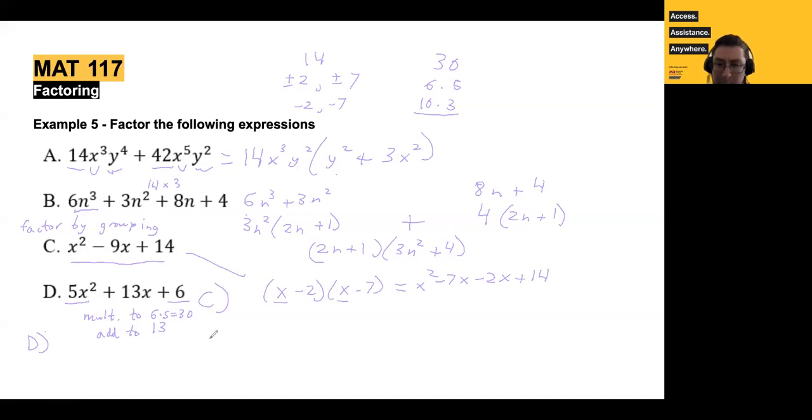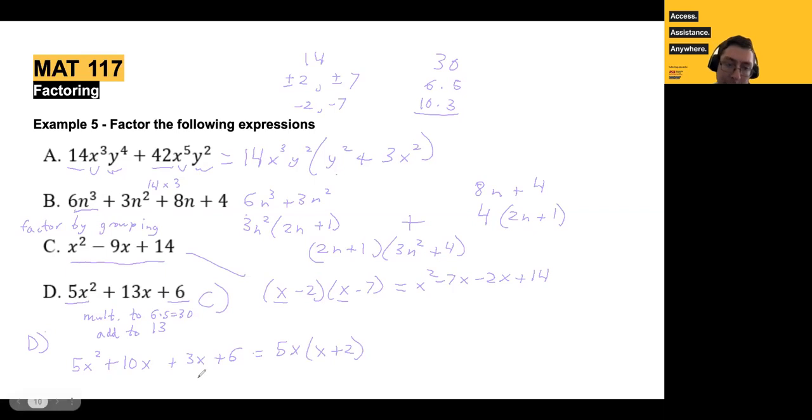I'm not sure of the exact way you were taught this, but I believe what happens is that we split the 13x into 10x and 3x like this, and we try to do the factor by grouping again that we did in part B. For the 5x squared plus 10x, we can factor 5x out of both of those, leaving x plus 2.